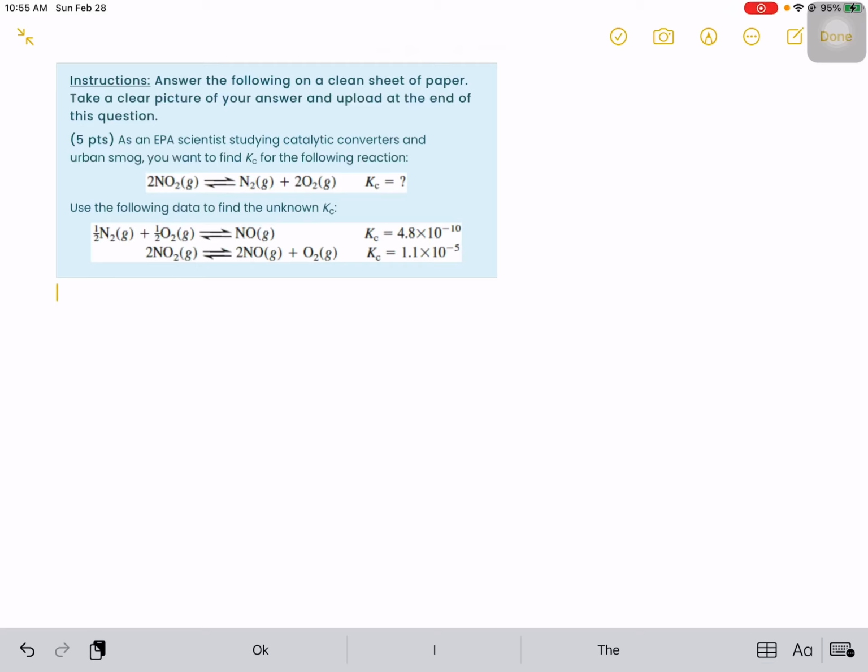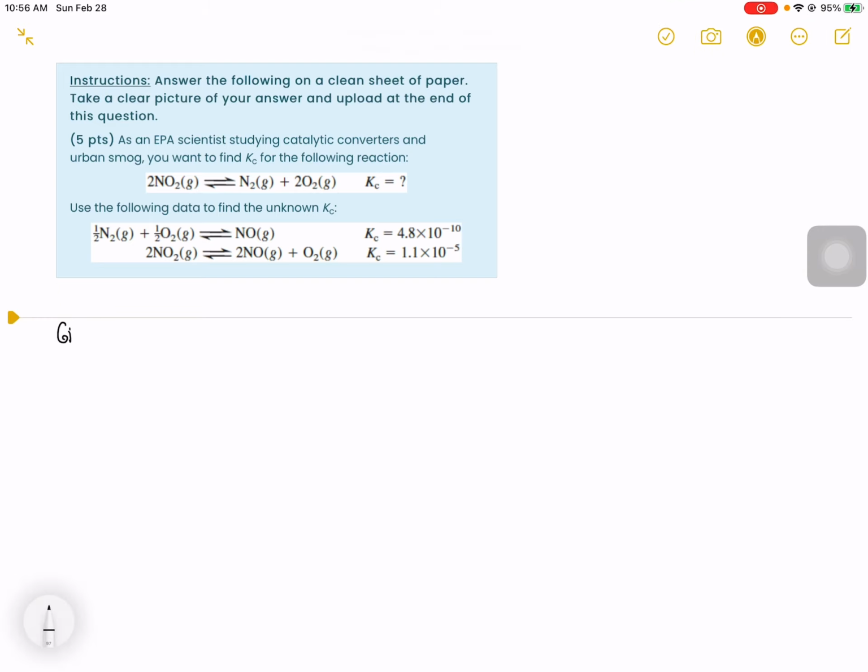So for this following problem, we have given in here two chemical equations. Half a mole of nitrogen reacting with half a mole of oxygen, reacting to form 1 mole of nitrogen monoxide.